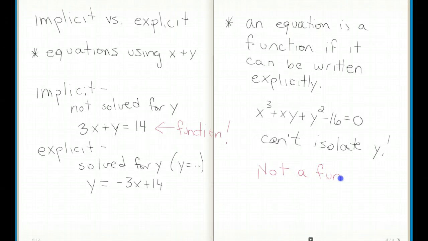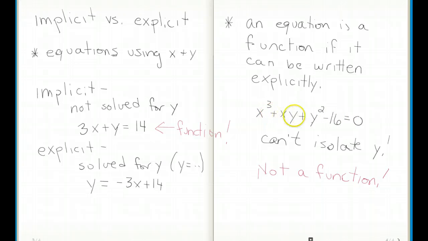So that means we can't use any of that f of x notation here, because f of x notation is reserved explicitly for functions. We can't write this equation, x to the third plus xy plus y squared minus 16 equals 0, in terms of y equals or f of x equals stuff.